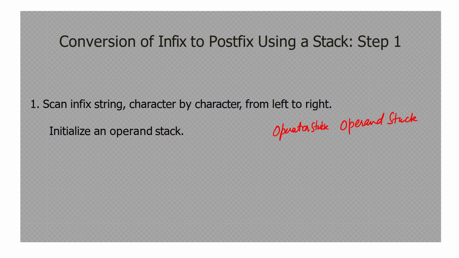So suppose I want to use a into b, so it will be a. When I go from left to right, then star came up, I will put this star here, and then b came up, I will put this here. So this is how it's done. Initialize an operand stack, so my operand stack is initialized by a as the first element.